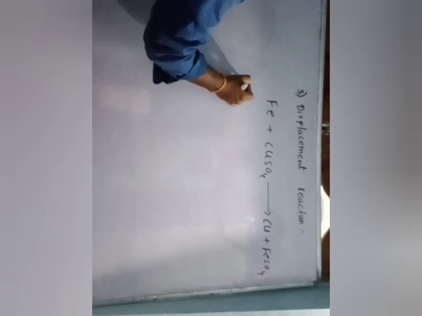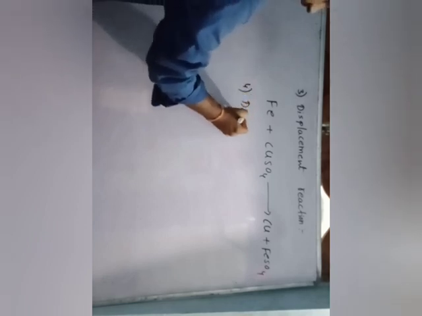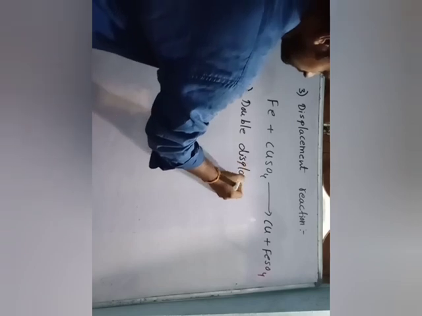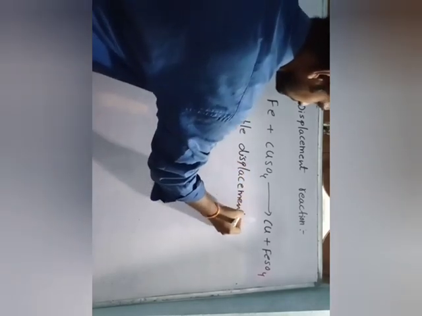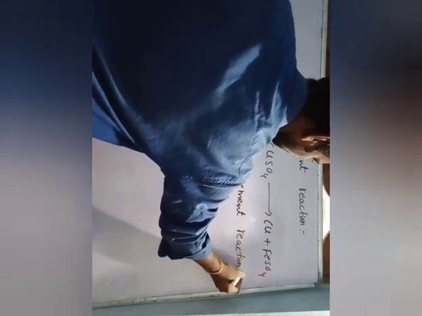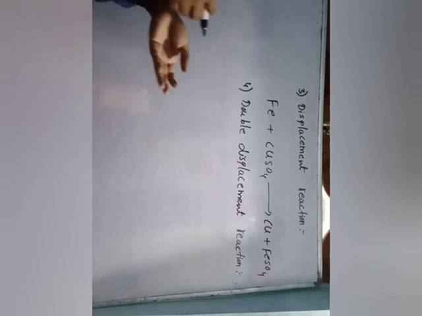Now fourth one is double displacement reaction. So what is double displacement reaction? The reaction in which two atoms or two ions are exchanged with other two atoms or two ions. Clear?